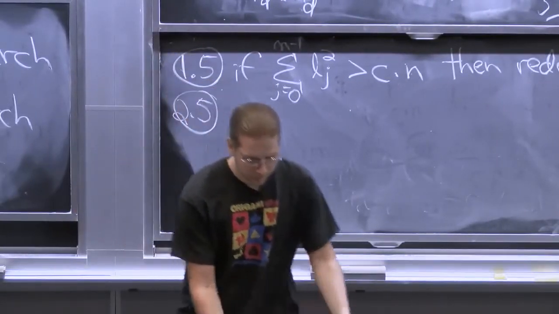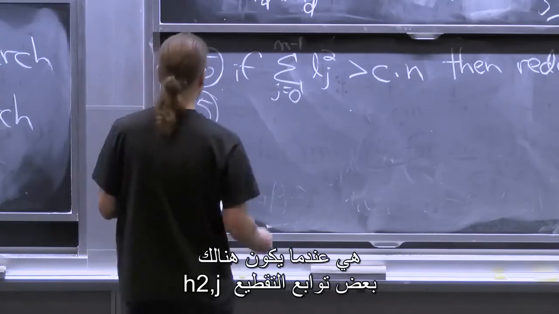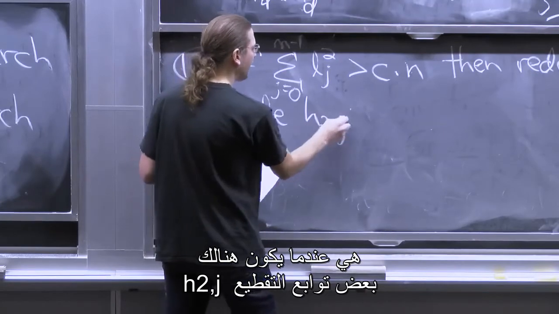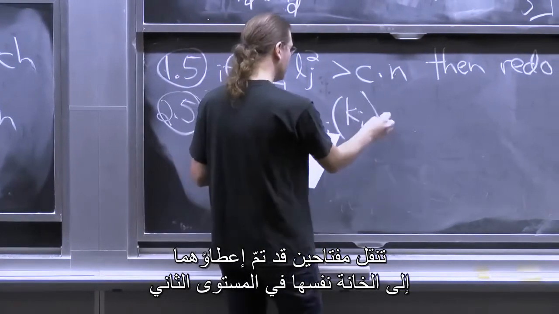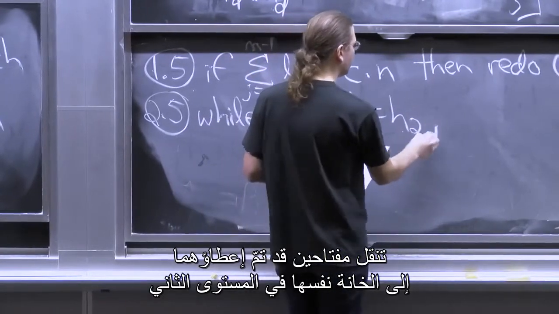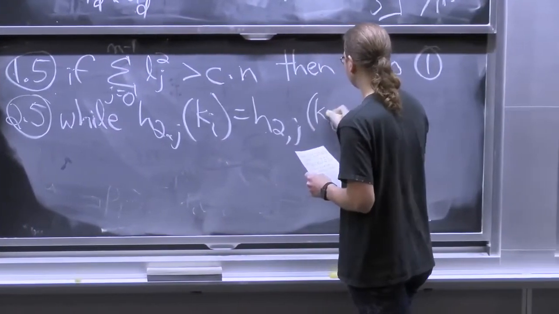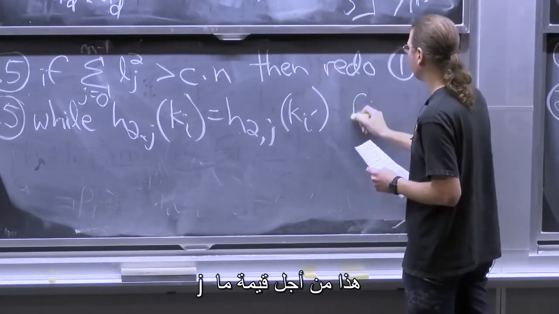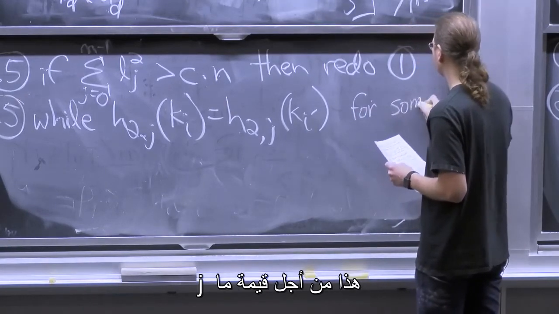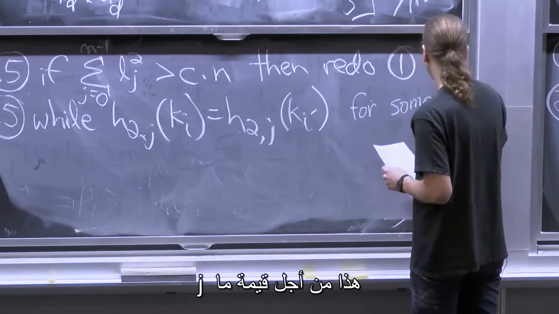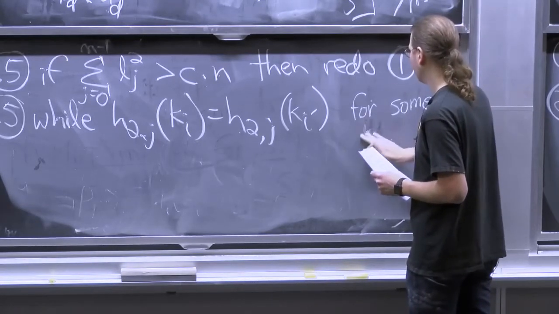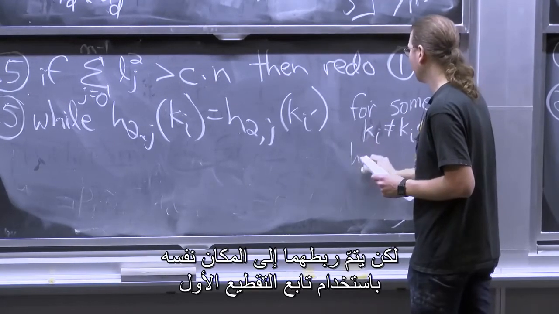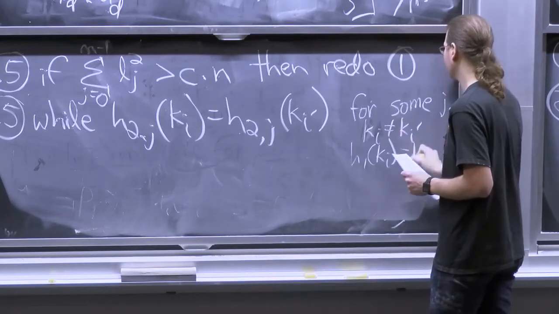So 2.5 is: while there's some hash function h2j that maps 2 keys that were given to the same slot at the second level, for some j and let's say ki different from ki prime, but they map to the same place by the first hash function.